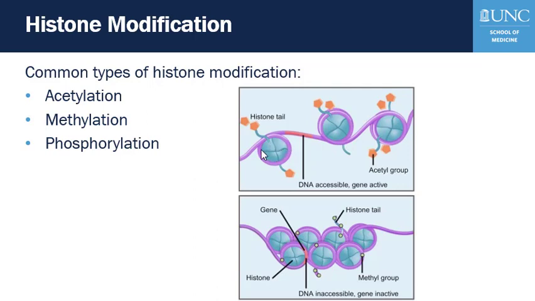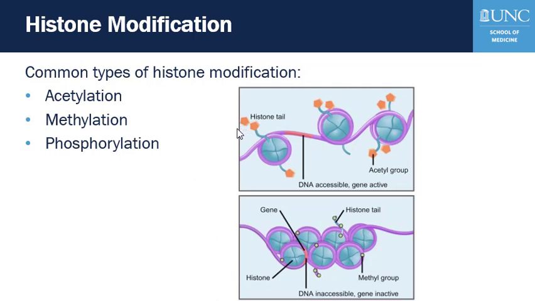So both acetylation and methylation of histones are important for the assembly of new nucleosomes after DNA replication, as well as for regulating transcription. So acetylation on the N-terminal tails loosens chromosome structure, partly because adding an acetyl group removes the positive charge, which reduces the affinity of the tails for the adjacent nucleosomes.